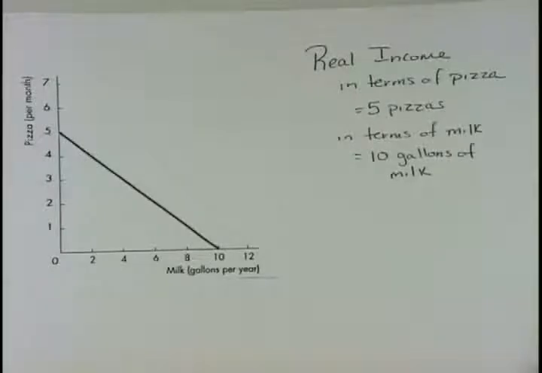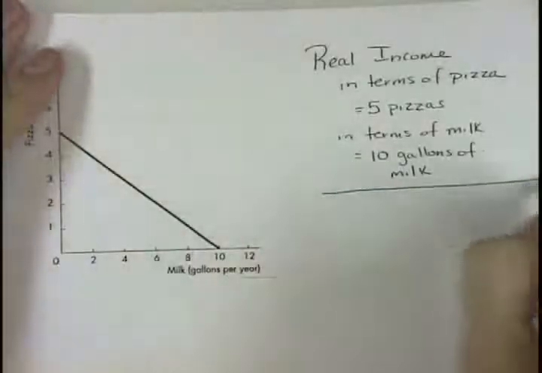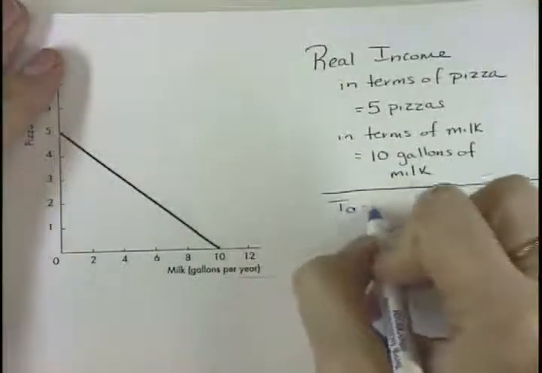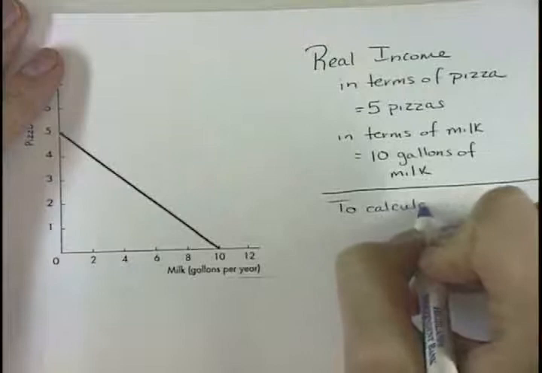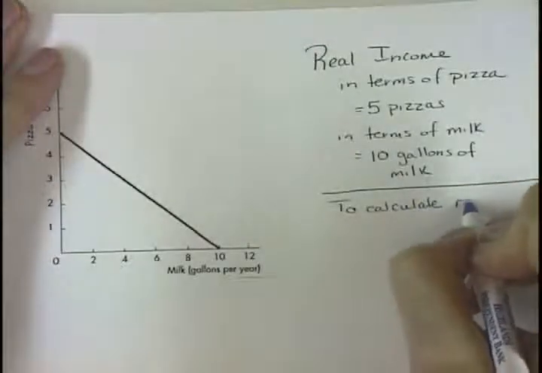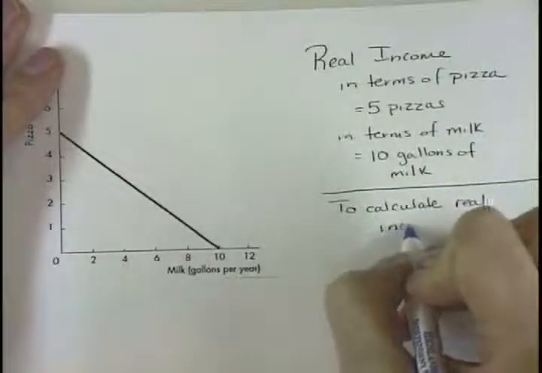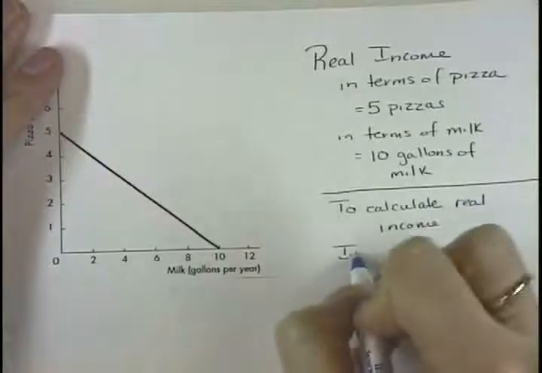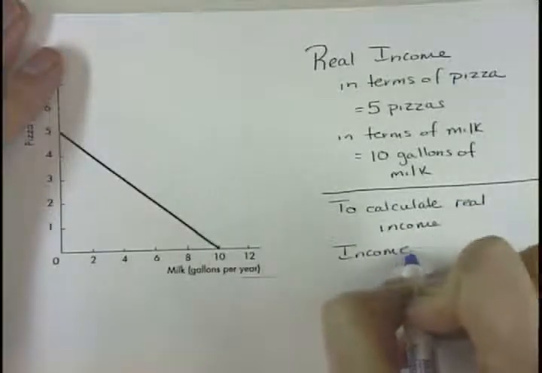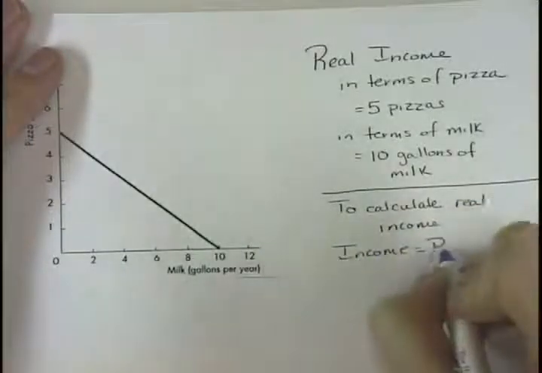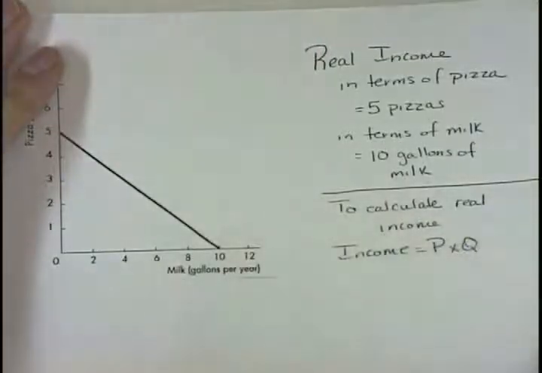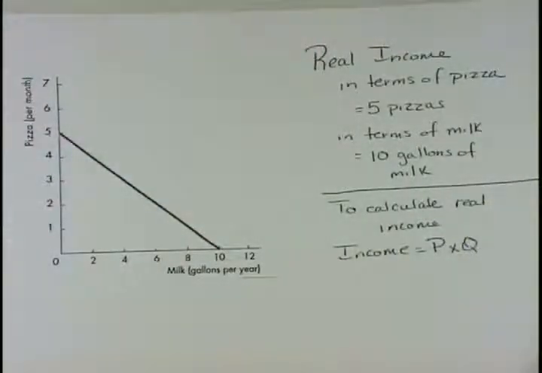We could also calculate real income. If we're going to calculate real income, we would use a formula. We're going to say that our income is going to equal the price of a good times the quantity. If we have a certain amount of income, that would be our income.